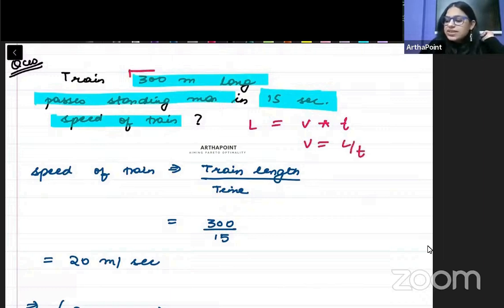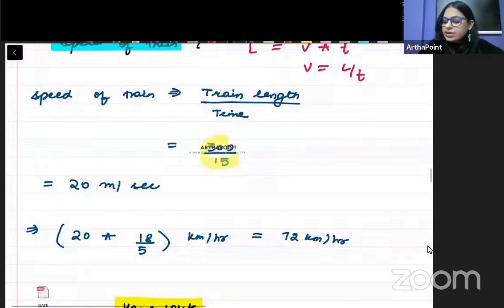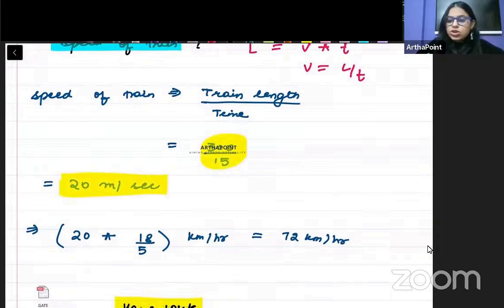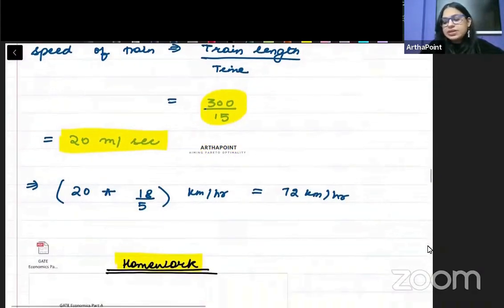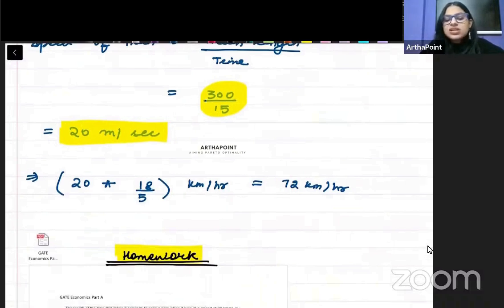Length is given as 300 meters and time is given as 15 seconds. So 300 divided by 15 is going to give me 20 meter per second. So the answer to this question will be 20 meter per second. And suppose in the exam they have given you kilometer per hour, then you can just multiply it by 18 by 5 and you will get the answer in kilometer per hour.